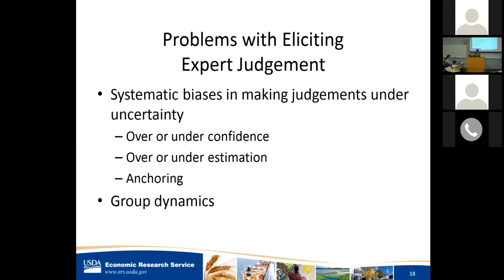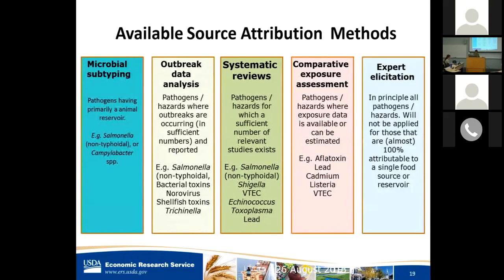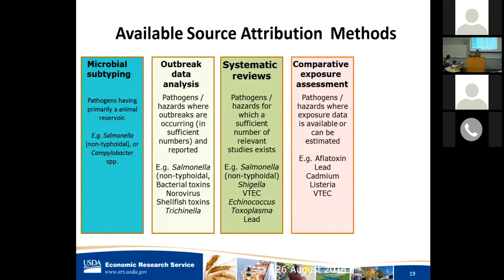So I'm just going to go ahead here because this is what I should have started with. The task force commissioned a review of various methodologies that have been used for attribution, and this is a very active area of research, and new methods are being developed.